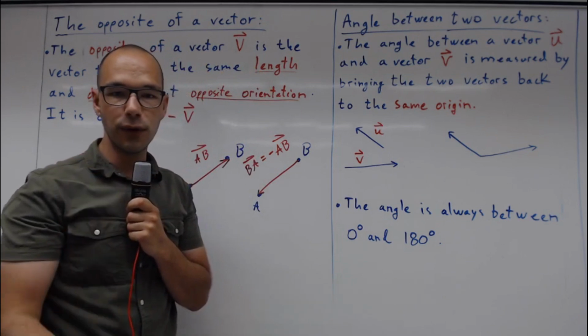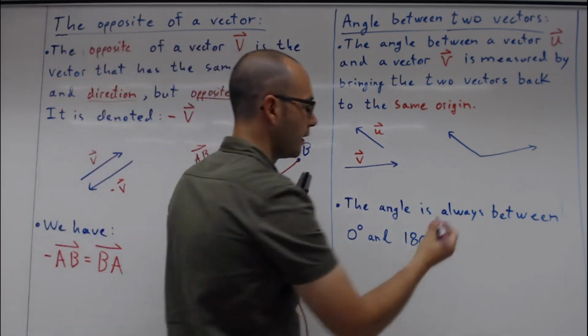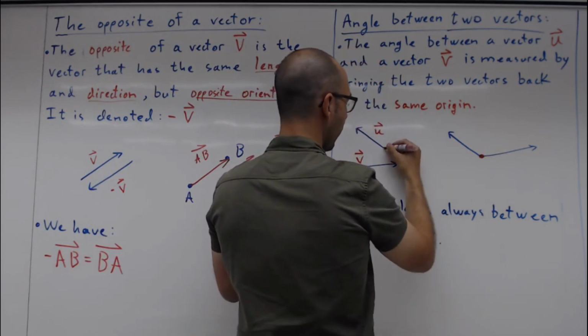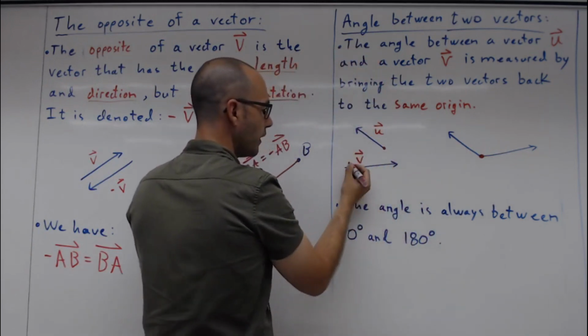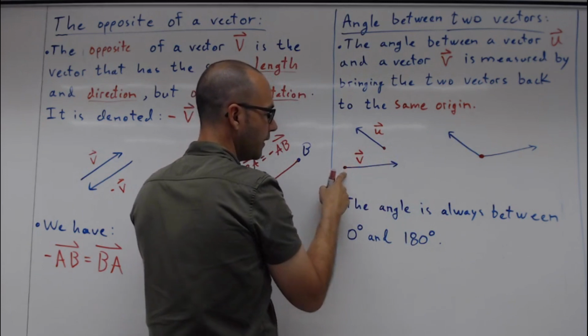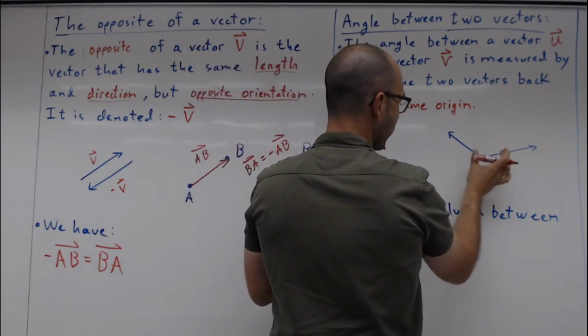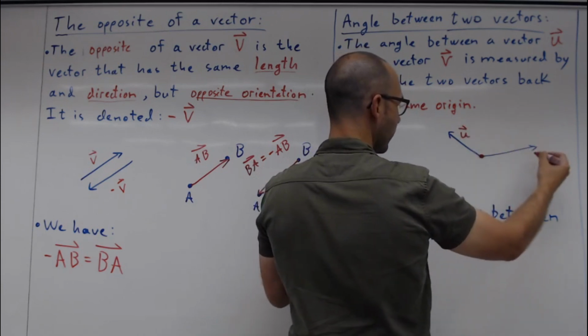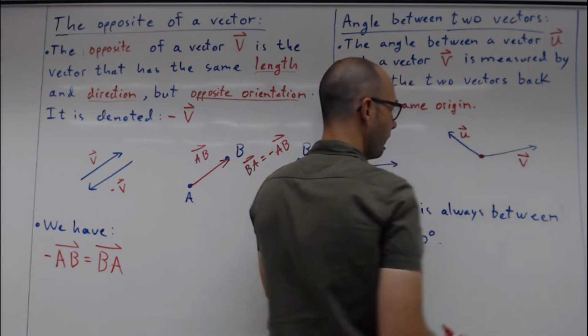You have to first bring them back to the same origin point. So this is the origin point of vector u. This is the origin point of vector v. You bring them back to the same origin point. So this is still my u vector. This is still my v vector.